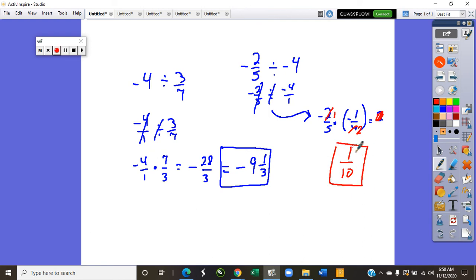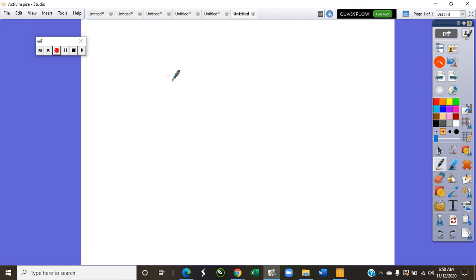Now, if I have a mixed number, negative 2 1/3 divided by, let's say, 3/5, what do you think I'm going to have to do on this one? I'm going to have to make this into an improper fraction before I do anything else. So let's do that. 2 times 3 is 6 plus 1 is 7.